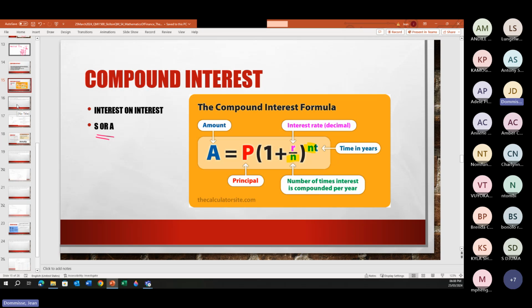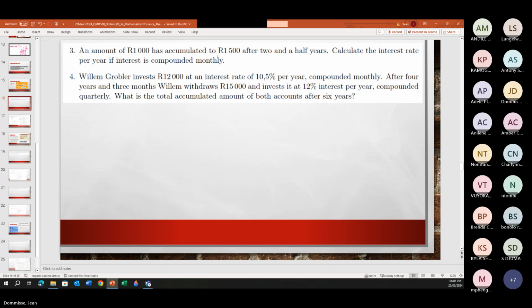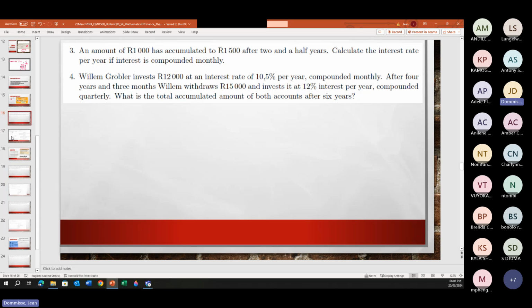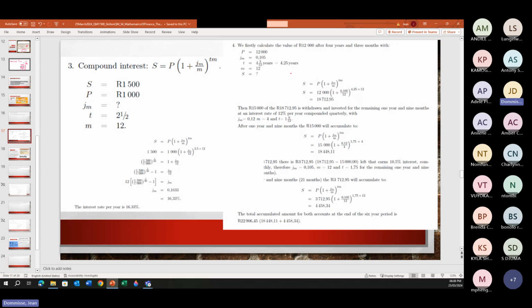Okay, again, like simple interest, we're going to go through two examples. The answers are there as well, so like in the previous one, there is an answer set for you to look at later. We're going to do the one, and I'm going to leave the second one. You can see the formula is all there as well.